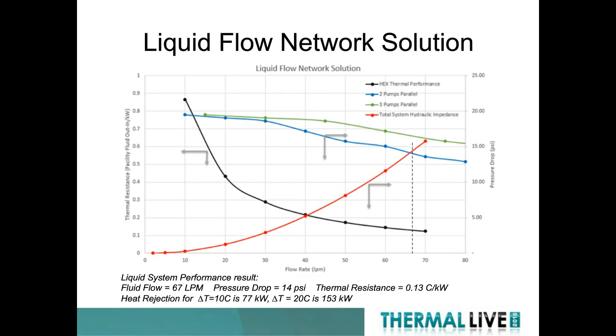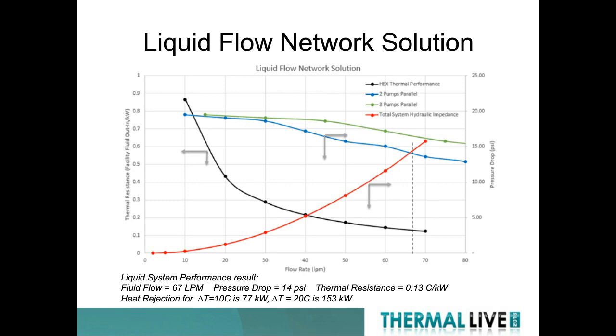In this case, this is the heat that's getting removed out of the system, and it's based on facility fluid out minus the in. So the outlet versus the inlet, that is the temperature difference that we're able to work with. And this removal is in kilowatts. So this is essentially based on a delta T and a power level.